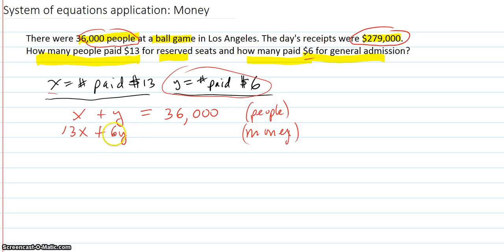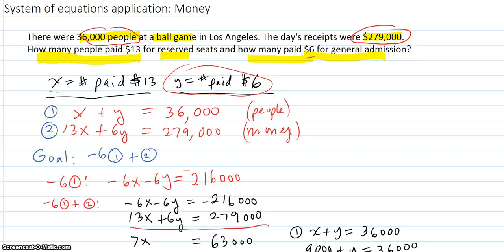For Y people, 6 times the Y number of people is the total number of money taken in, and that's $279,000. So dollars plus dollars equals dollars, and people plus people equals people. The units on the left side of the equation have to always match up to the units on the right side of the equation. So we have to solve this system by elimination.